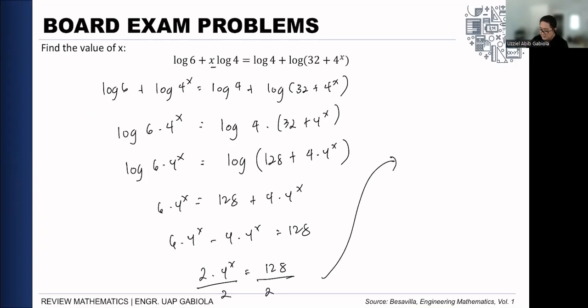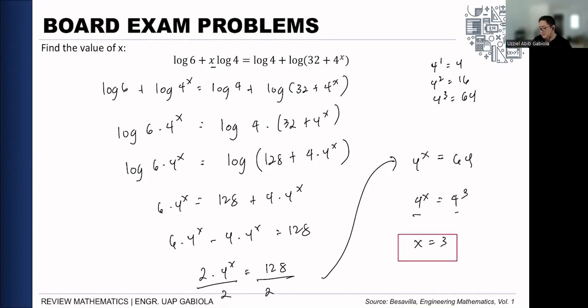We have 4^x is equals to 64, no? So, saan natin pwede i-raise si 4 para maging 64? 4 to the 1 is equals to 4. 4 squared ay 16. 4 cubed ay 64. So 4^x is equals to 4 cubed. So same na siya ng base. So x is equals to 3. So by applying yung mga napag-aralan natin na tatlo, nakuha natin yung value ni x. Okay? Question sa logarithm?